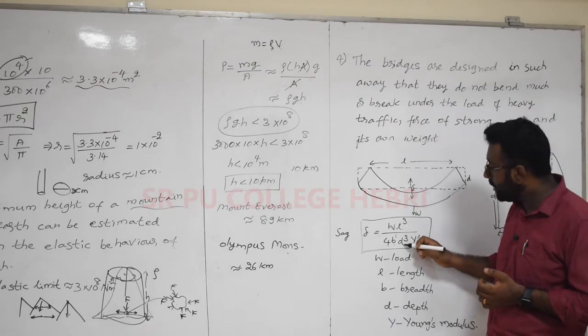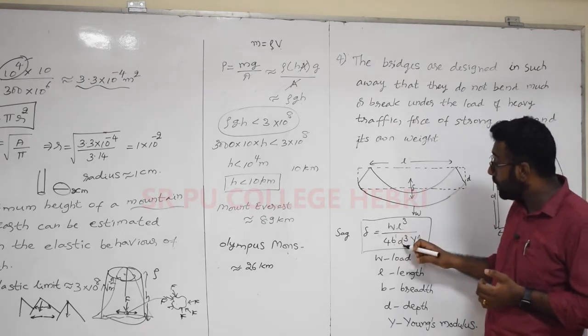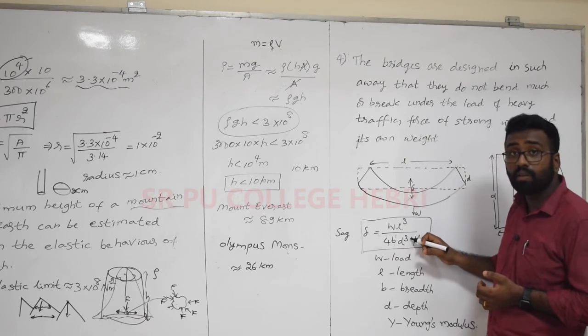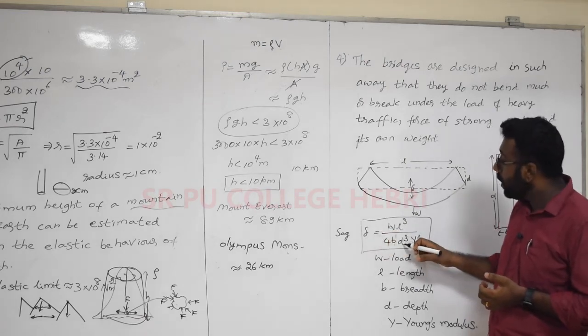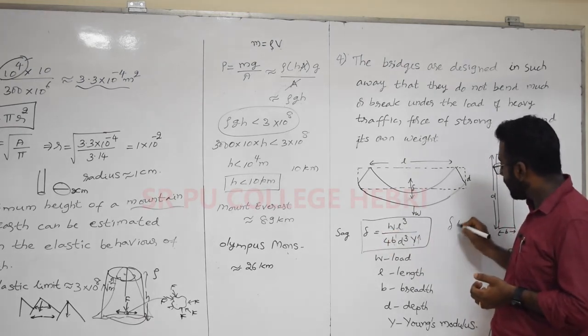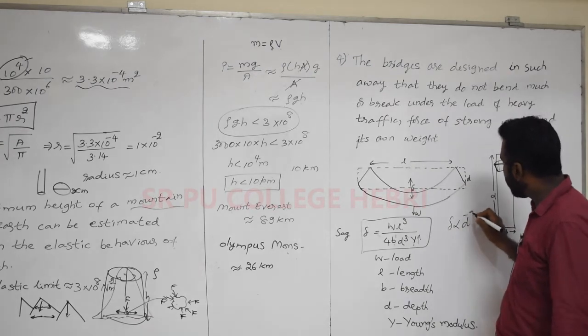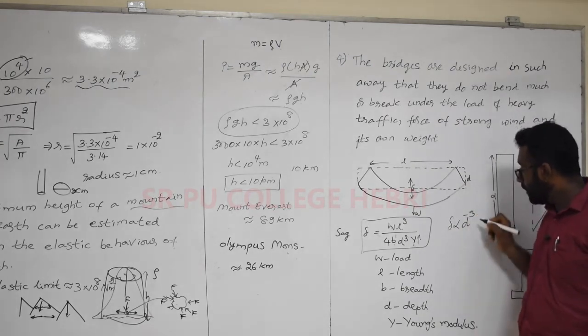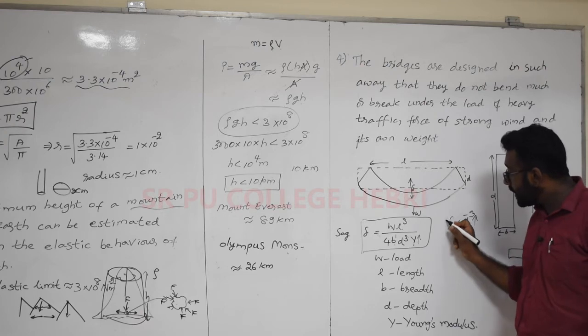But you see here, depth is to the power of 3. You can write sag is proportional to d to the power minus 3. If you increase this one 3 times, it will be reduced.